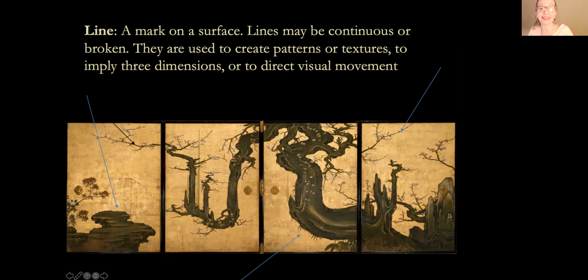So if we were all together, I would ask you, where do you see lines in this picture of a tree, an old tree? And I have arrows here to sort of call your attention to different ways in which line is used. See 1, 2, 3, 4 lines here, creating a sense of a curving upward movement of this tree.